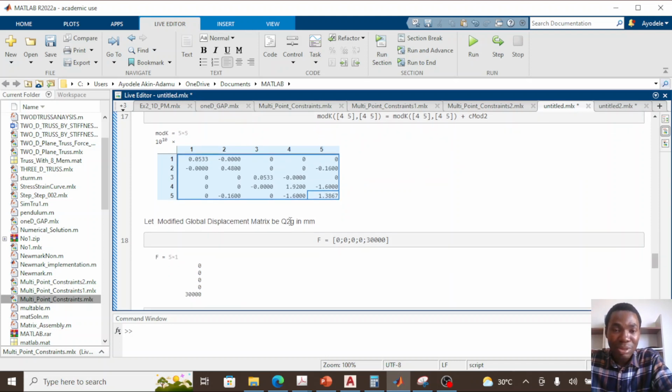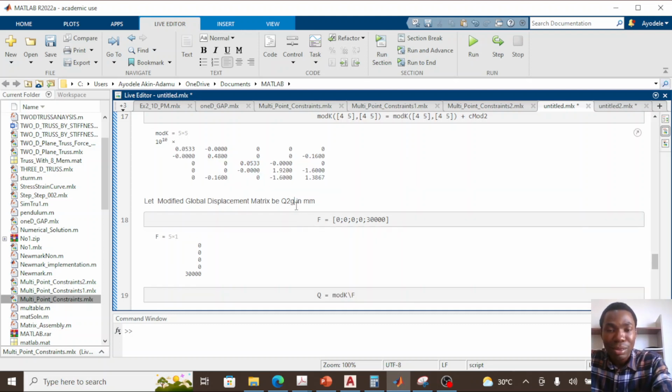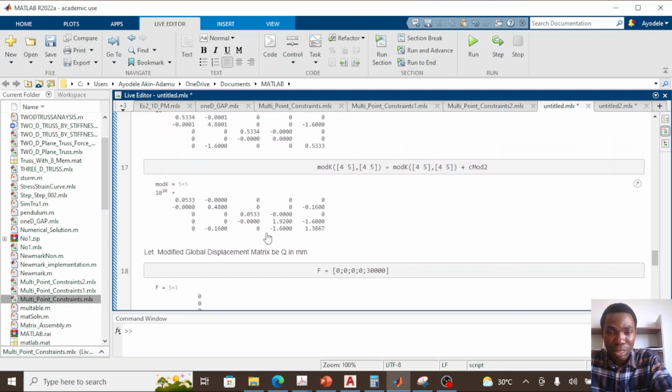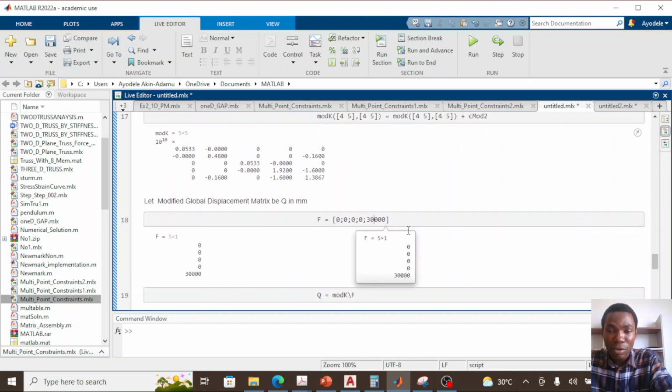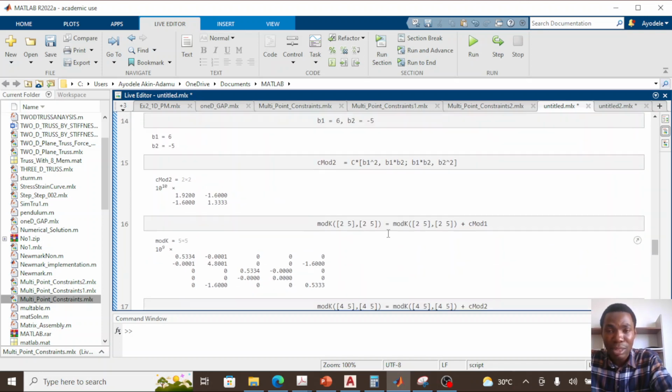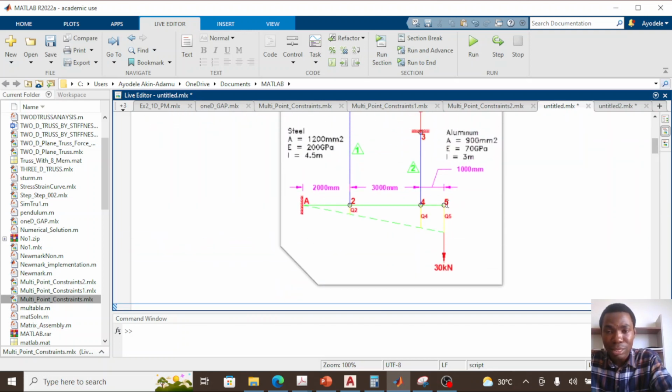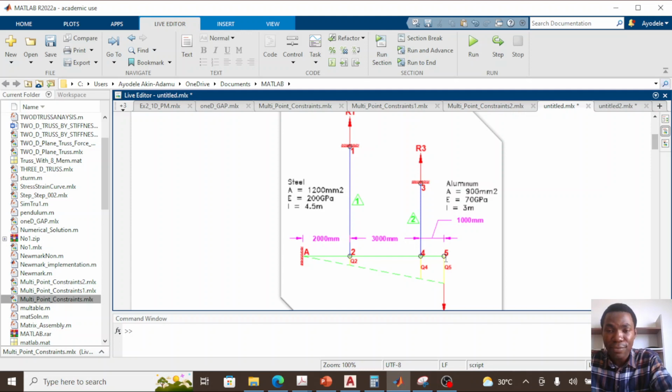Now we need to define our modified global displacement matrix Q. To do that, we have already defined our stiffness matrix, but we have not defined our force vector. The only force acting on the model is 30 kilonewton at node 5.